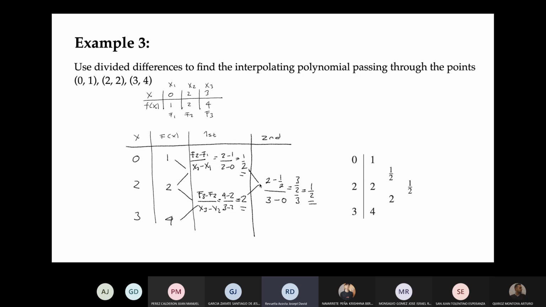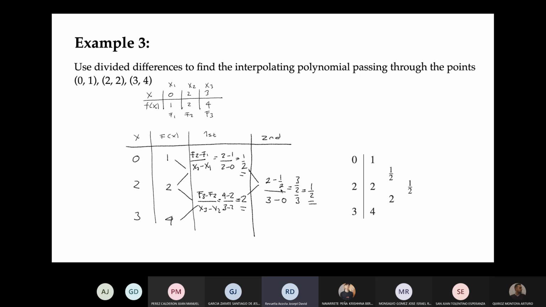So for the bottom one, you go here, follow the line, and you get 3. And then here, follow the line, and you get 0.